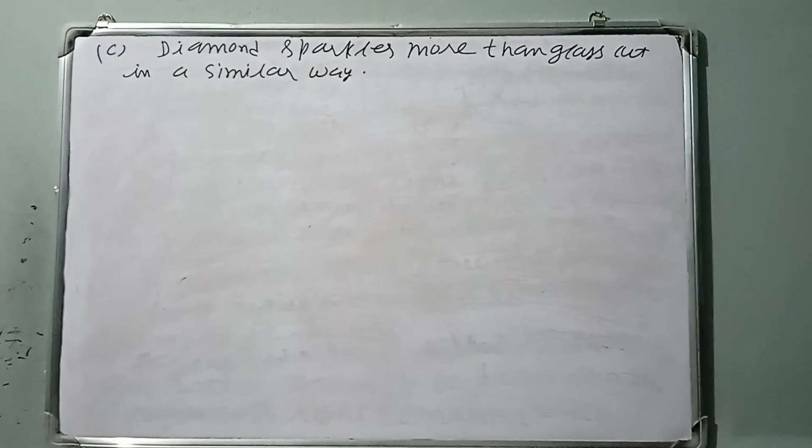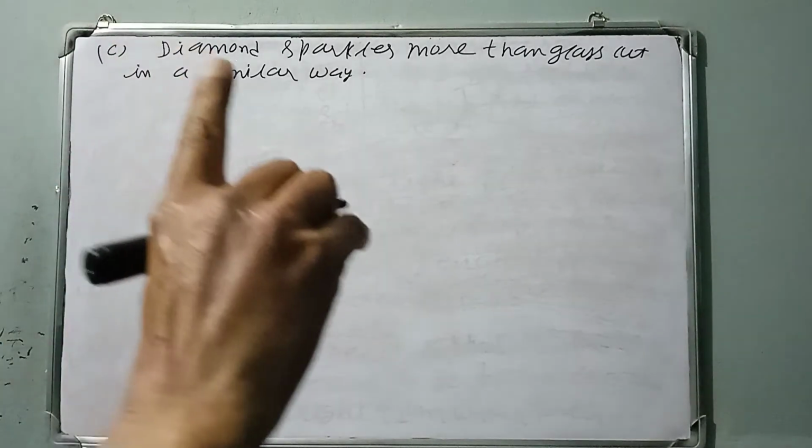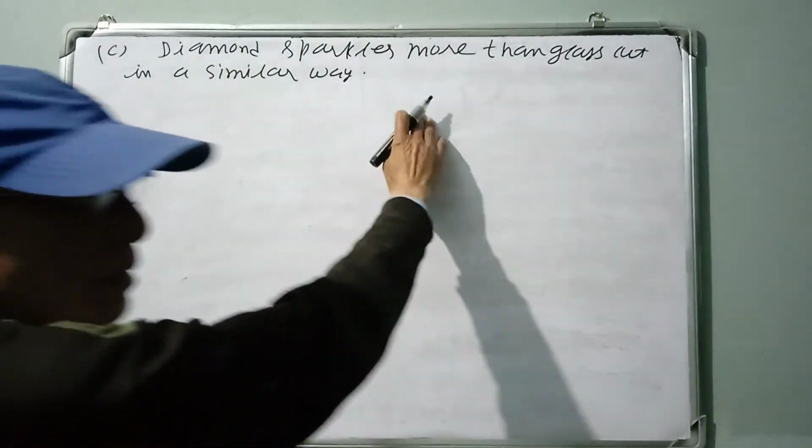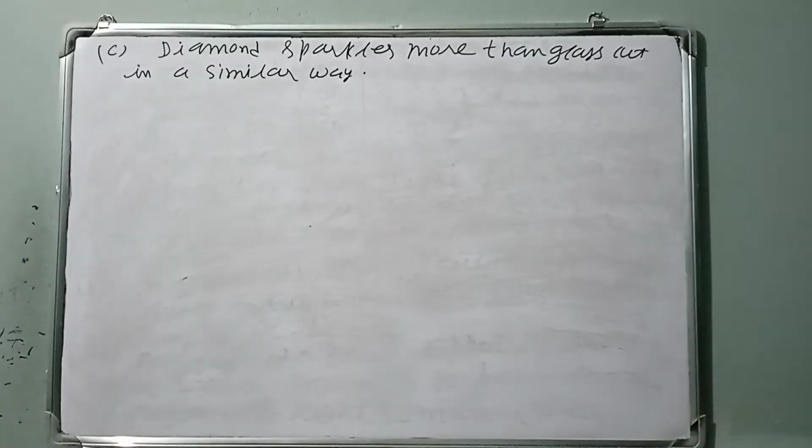See, there are two pieces, one glass piece and another diamond piece. They look alike, cut in the similar way, but diamond sparkles more. What is the reason behind it?